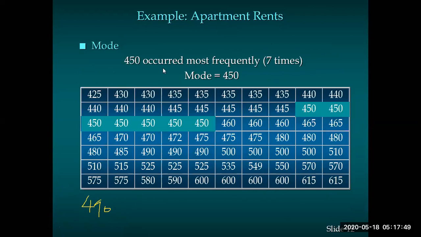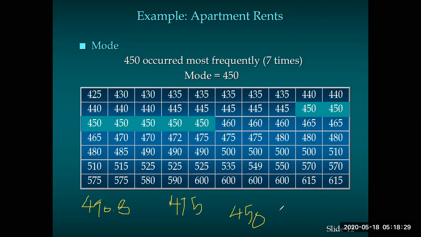The second average was 475. And the third one is 450. So the first question is, is the data normal? No, it is not normal. The second question is, is it positively skewed or negatively skewed? How can you answer this question?